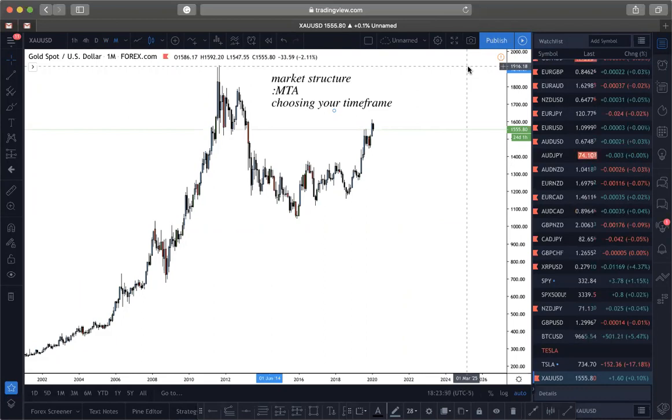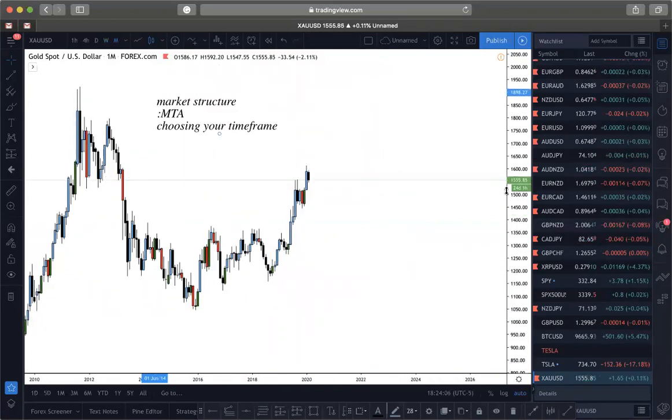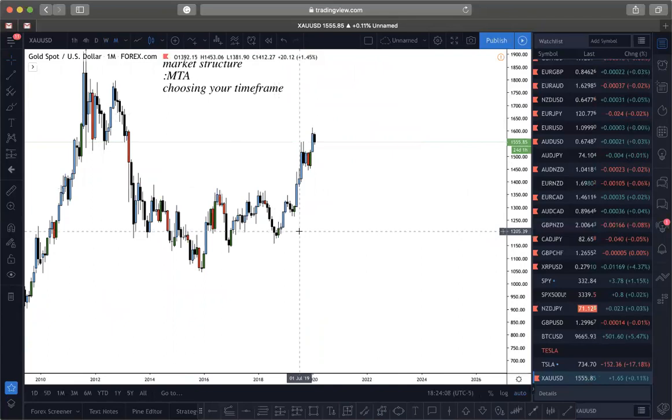So you basically need to know what market structure is being shown on every time frame, right? So, for example, the higher time frame could be in an uptrend, and the lower time frame could be in a downtrend, right?